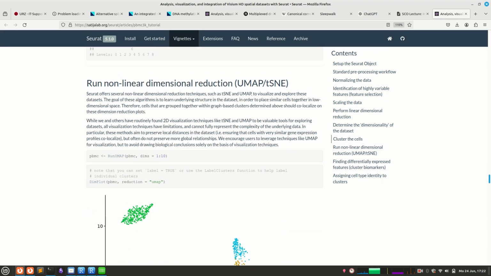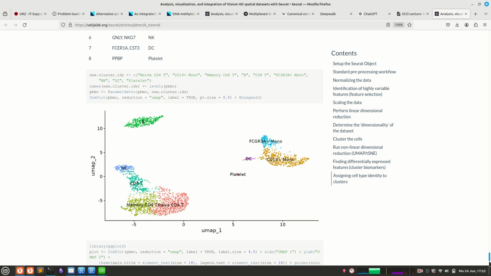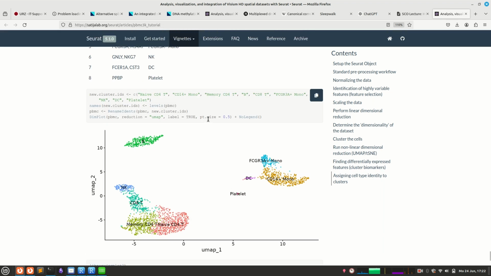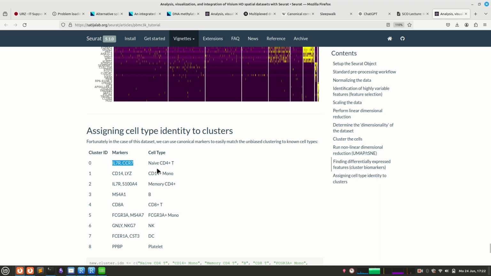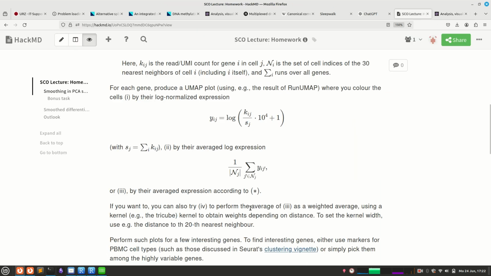Where was it? Here, and in order to assign these cell types, they had a couple of markers. So you can use these markers to have a few cells to plot this for.